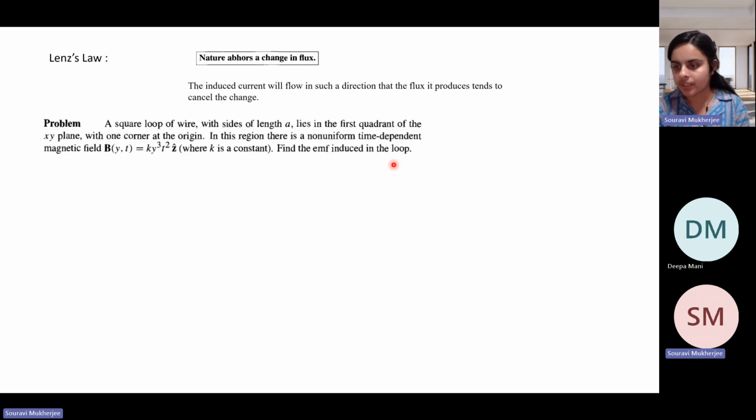Magnetic field and area. So when are the two cases when flux can change? Either the magnetic field has to change, or the area present in the magnetic region has to change. These are the two ways in which your flux can change. In this case, your magnetic field is a function of time, so it's changing with time. Now, can you tell me what the EMF should be? Can you try to solve the question?